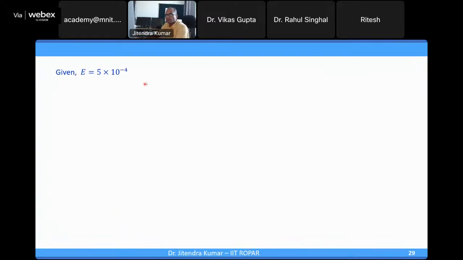In the third part of the problem, it was given that we have some desired accuracy, let's say 5 into 10 raised to the power minus 4. We want to have the accuracy in our approximation less than this. So we have this error bound. The error bound says that this error should be less than this, and with this information we can get h, or the number of intervals we should have in our approximation.